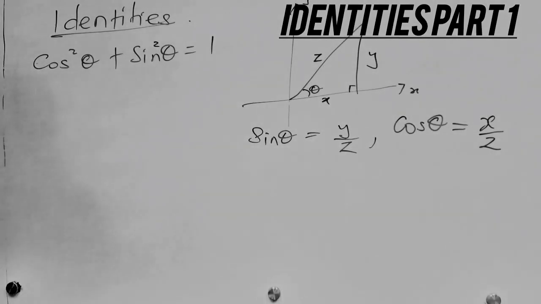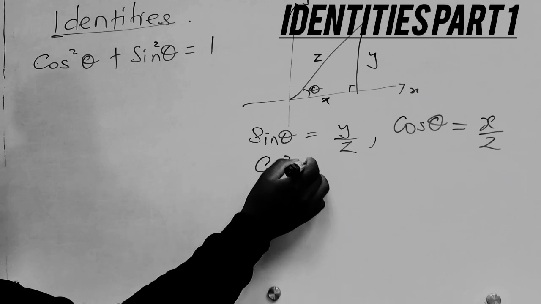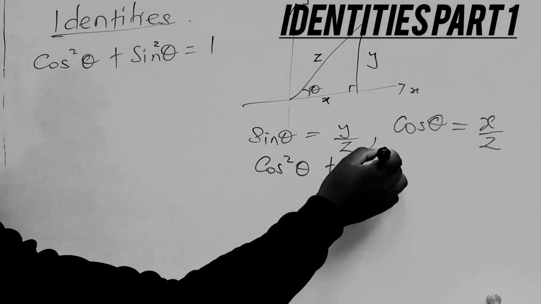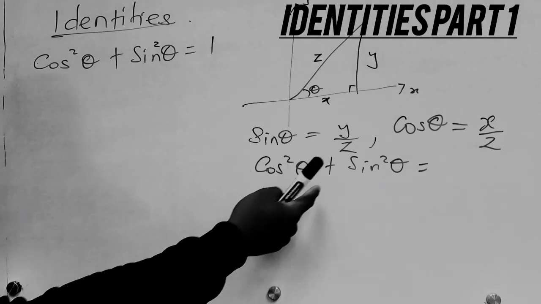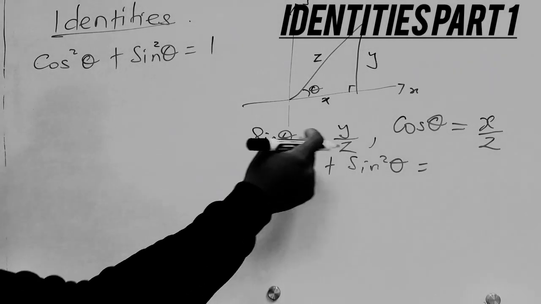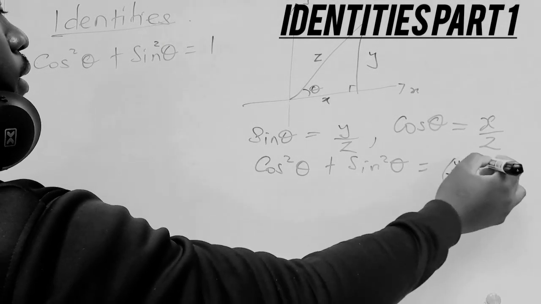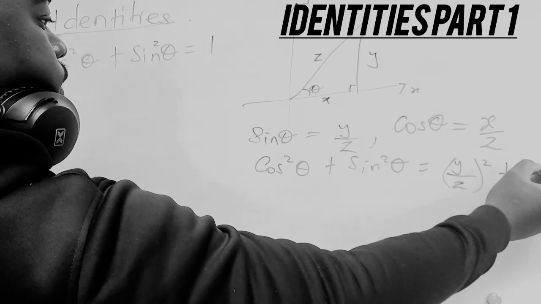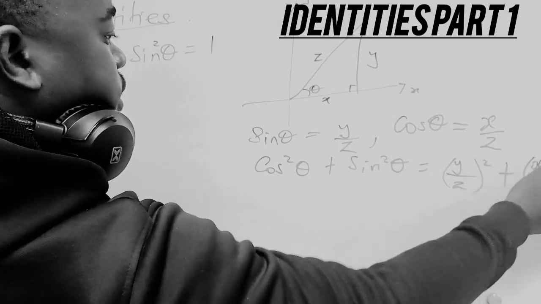So now I want to see cos squared theta plus sine squared theta. We want to see whether this is going to give us 1. If it gives us 1, then it means it is true. So we square sine theta: it will be y over z squared plus x over z squared.